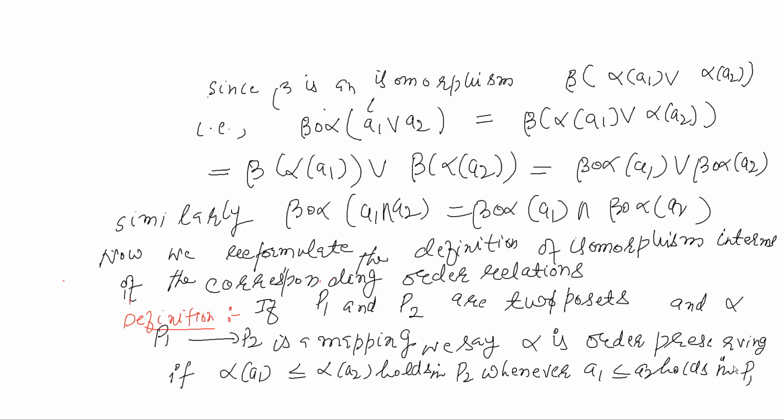Such mappings are called order preserving mappings or monotone mappings between any two posets.